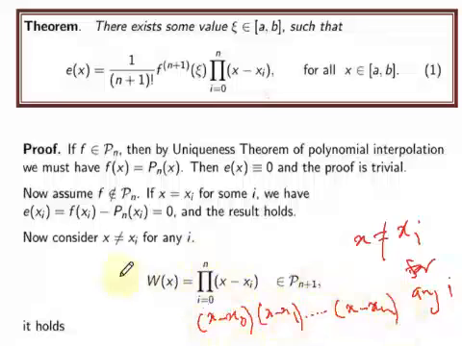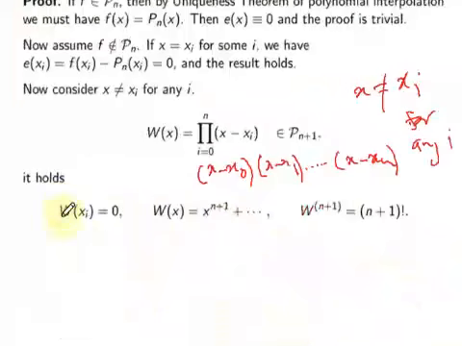What happens to the function w evaluated at each node? If you plug in one of the nodes, one of the linear factors becomes 0, therefore w will be equal to 0.